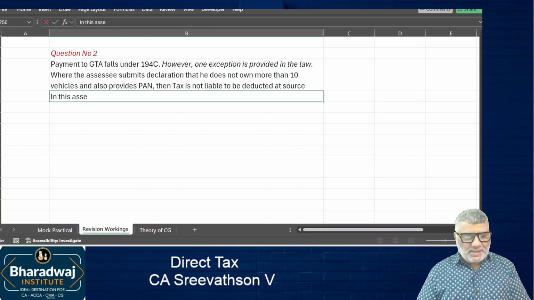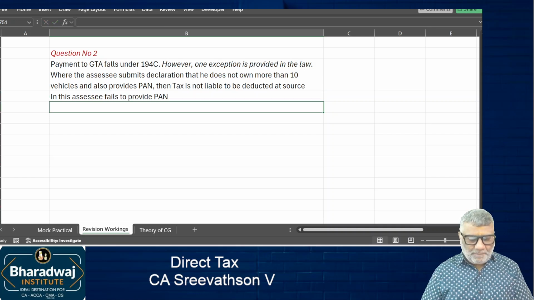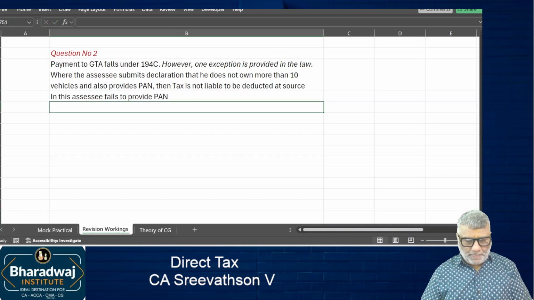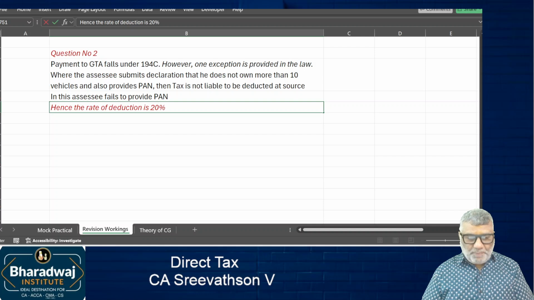In this case, the assessee fails to provide PAN. Hence, the rate of deduction is 20%. 2,50,000 into 20%.